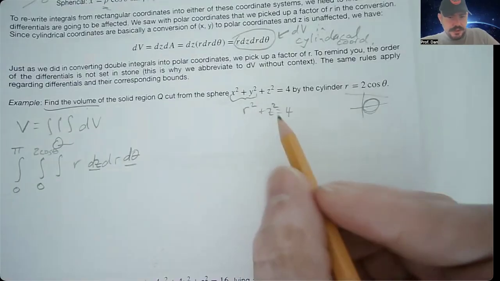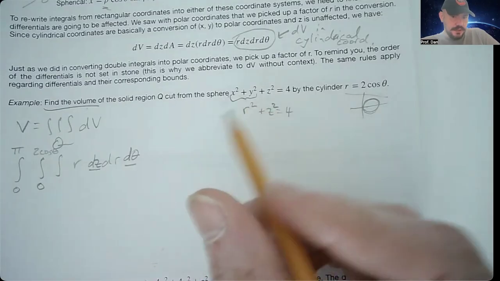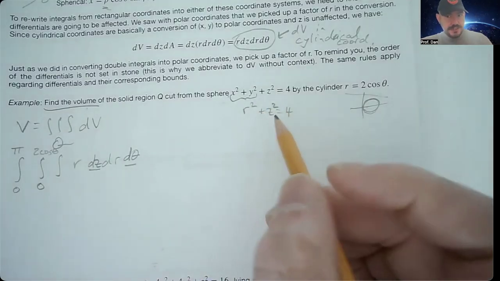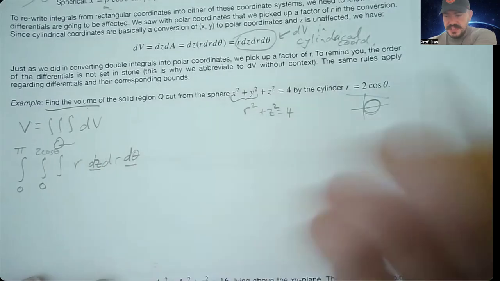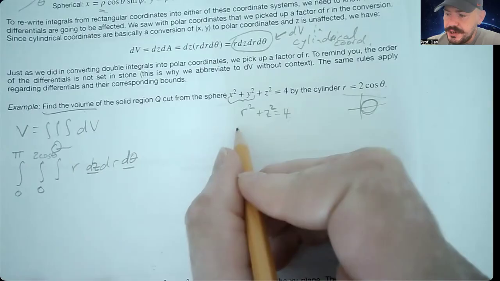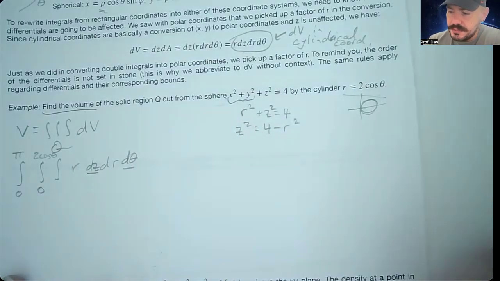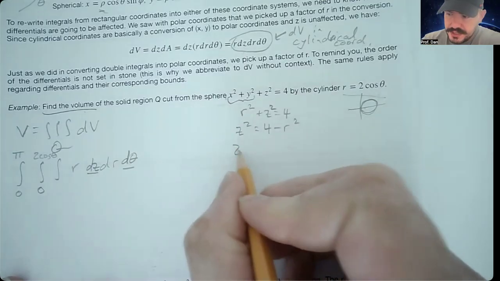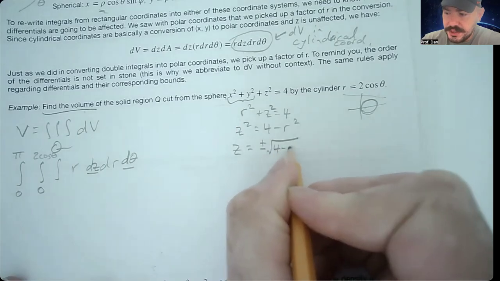If I were to go from this equation, I could actually solve for z and get my bounds for the dz differential. So I'll start by subtracting r squared from both sides. I get z squared is equal to 4 minus r squared. Then I take the square root of both sides. I get that z is equal to plus or minus the square root of 4 minus r squared.